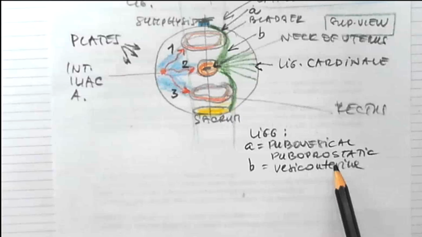Concerning the contents, the plates colored by very light blue contain again the branches of the internal iliac artery, plus veins, of course, and plexuses, plus nerves, autonomic and sensory nerves, and also connective tissue and lymphatics.